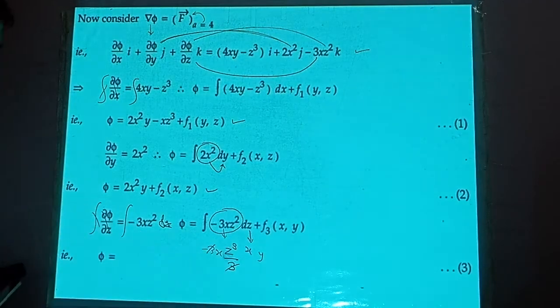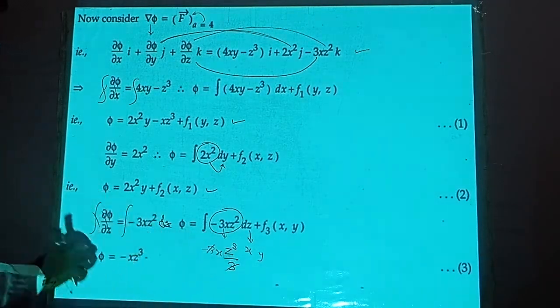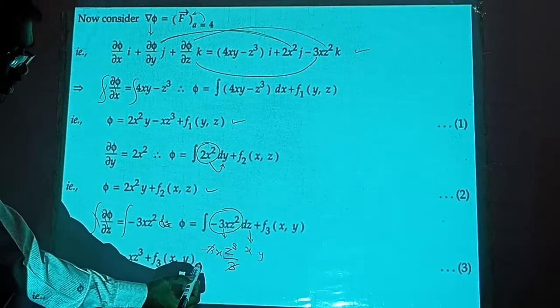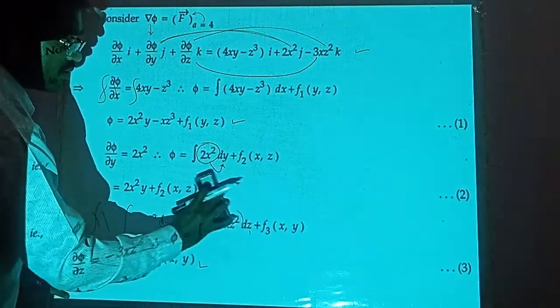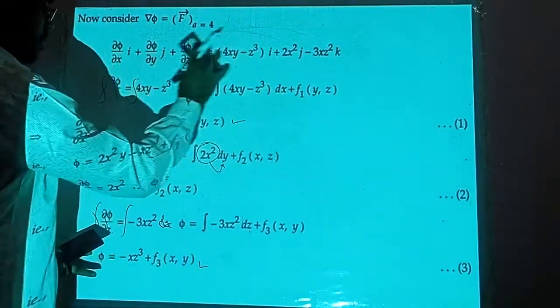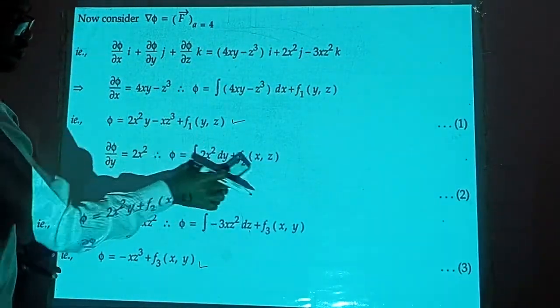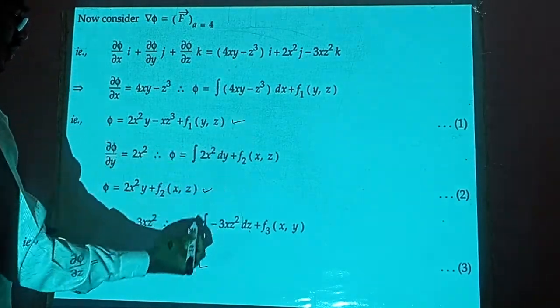Minus x z cube will remain, plus integration constant. So we got one more phi. We got three values of phi.